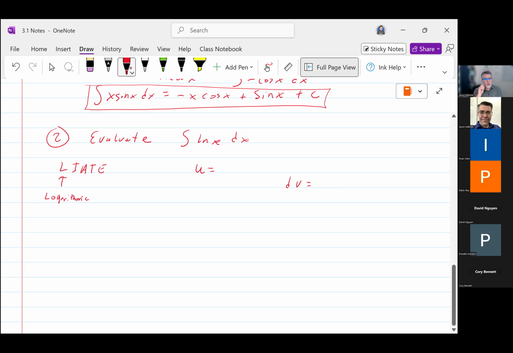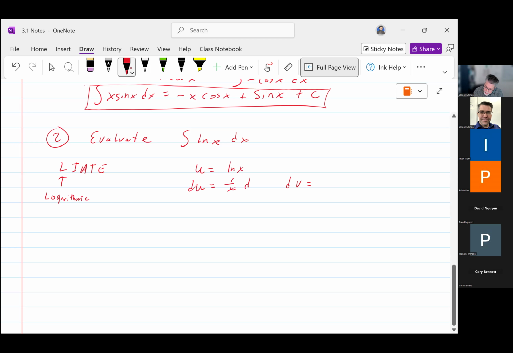So now what is interesting here is we have the ability to turn an integral of natural log into a derivative of natural log, which is very helpful because it turns something that's logarithmic into something algebraic. Because what is the derivative of natural log? 1 over x.